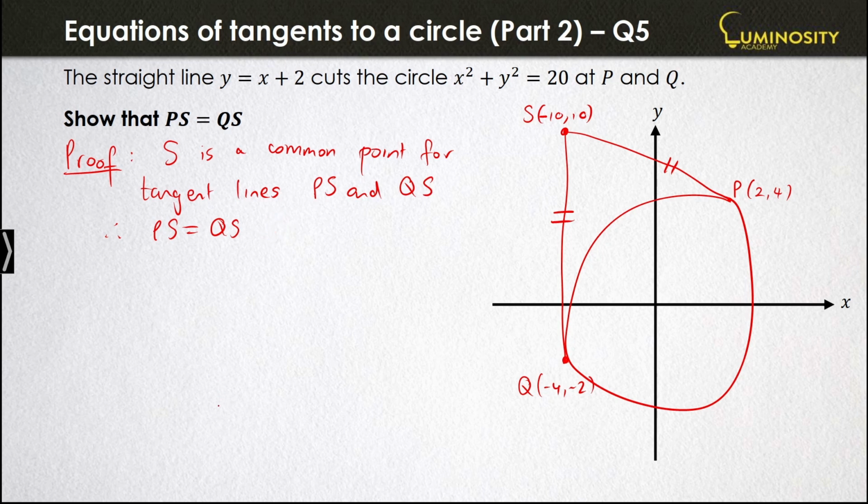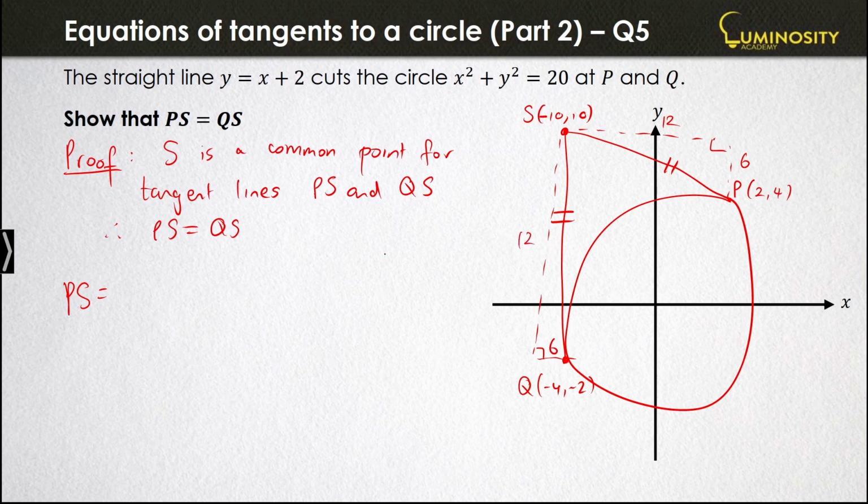The alternative way is to work out the length of each one. If I work out the length of PS, I could use a right-angled triangle or the distance formula. Negative 10 to 2 is 12 units across, and 10 down to 4 is 6 units. Same thing here: from negative 10 to negative 4 is 6 units across, and from 10 to negative 2 is 12 units.